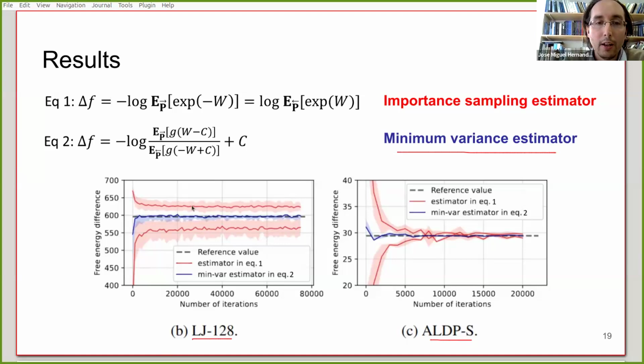We see that the estimator with minimal variance, in blue, converges very quickly to the ground truth value shown in dashed lines, and the importance sampling estimator is having much more trouble converging to the right value. In particular, the convergence can be very slow, as in this case.